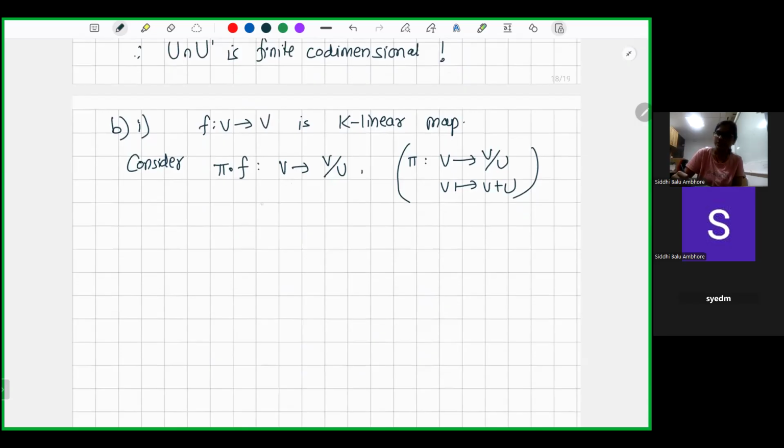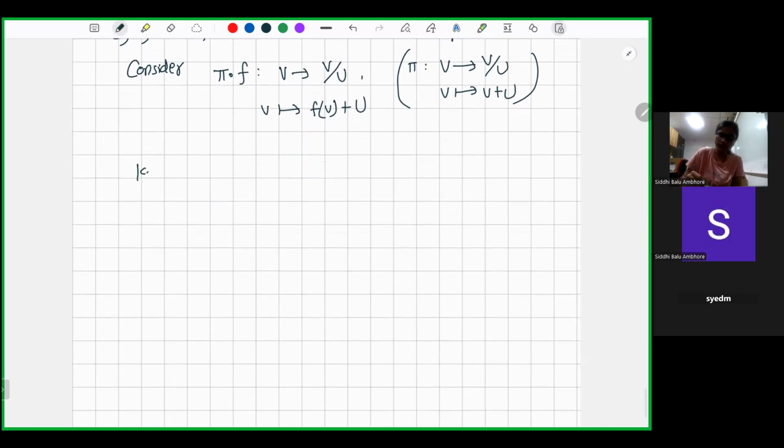So this is essentially v going to F of v, going to F of v plus U. Because first I apply F to v, then I apply pi to it. This is what this map is.